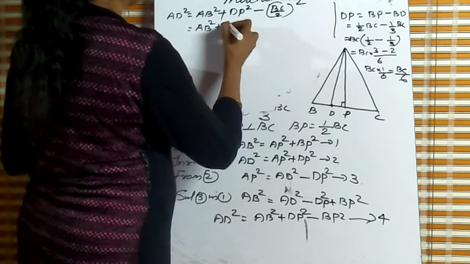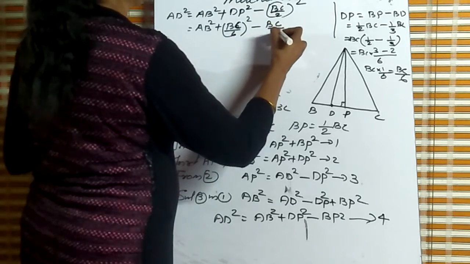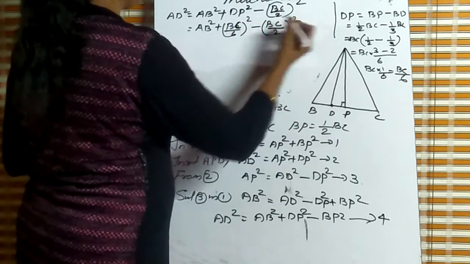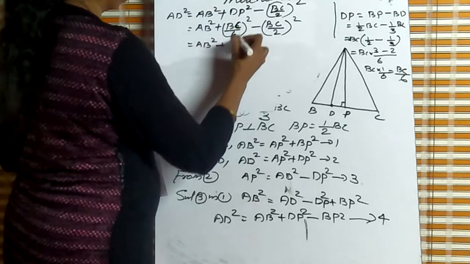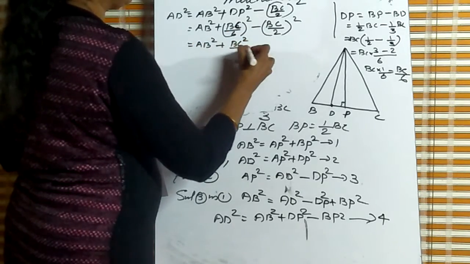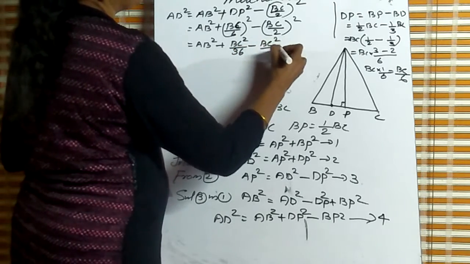AD square equals AB square plus BC by 6 whole square minus BC by 2 whole square, which equals AB square plus BC square by 36 minus BC square by 4.